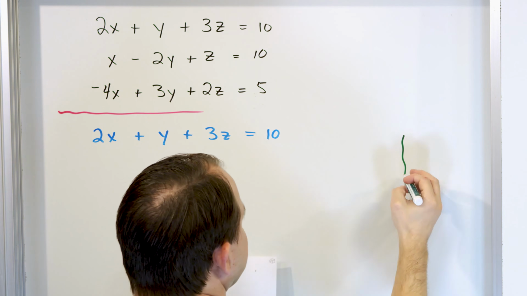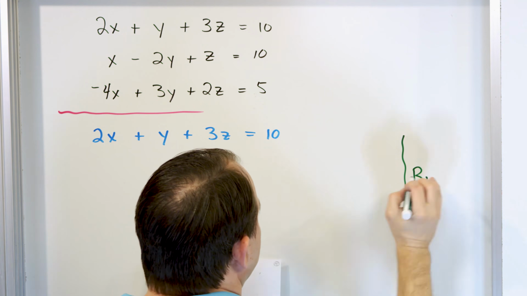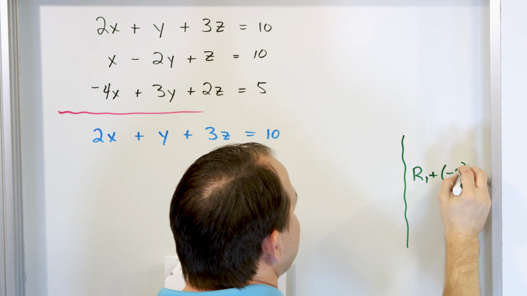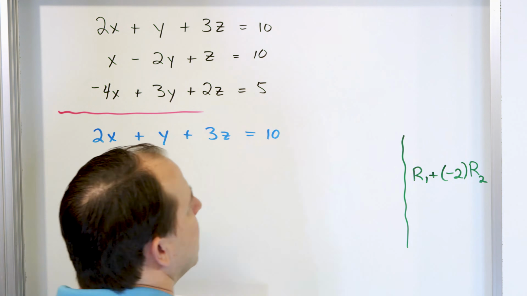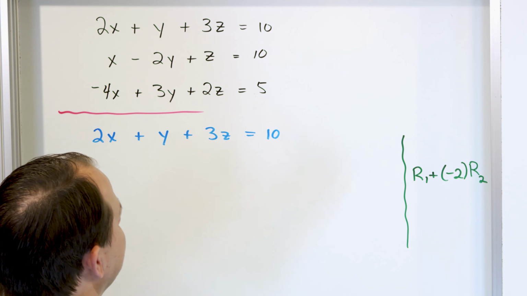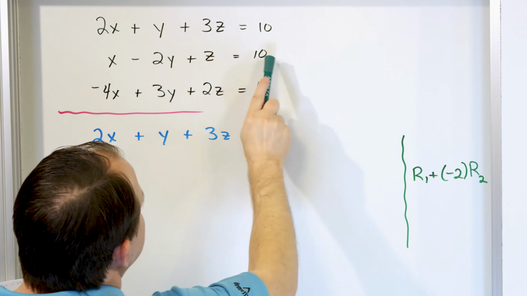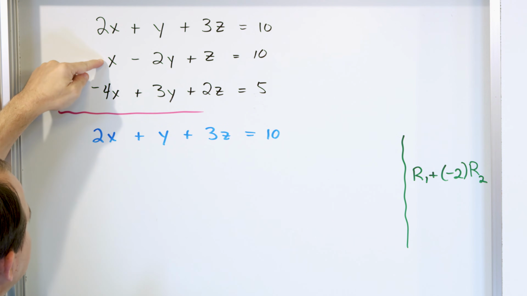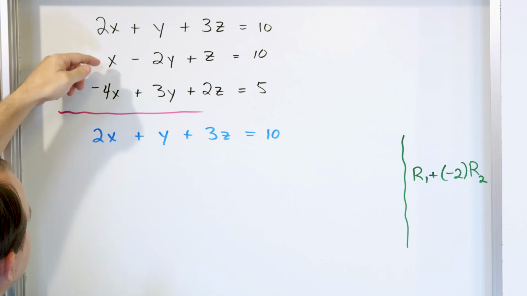So the way that you do this is you take row number 1, equation number 1, and then you add to it -2 times row 2. Okay, make sure you understand that. Remember, you can multiply any of these equations by a number that you want. So let's multiply the second one by -2. Why am I picking -2? Because then I'll have a -2x, and then I know when I add them together, it'll eliminate x.